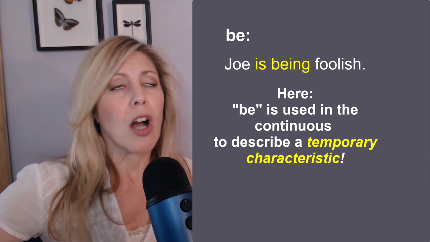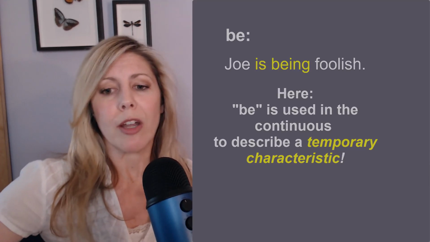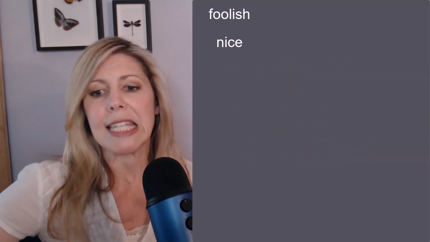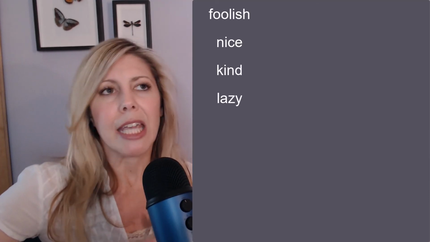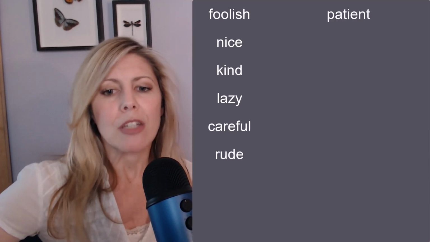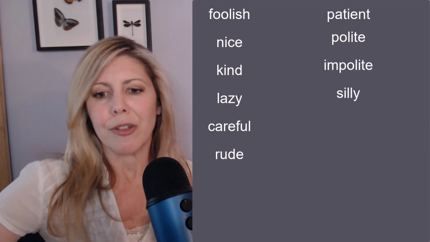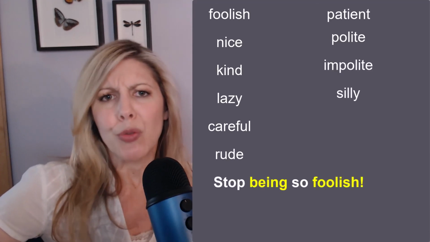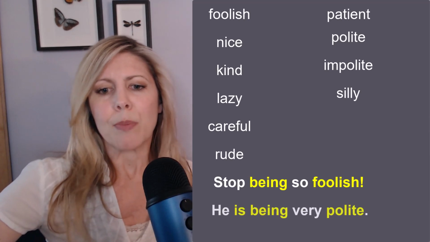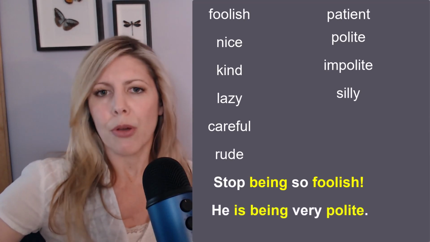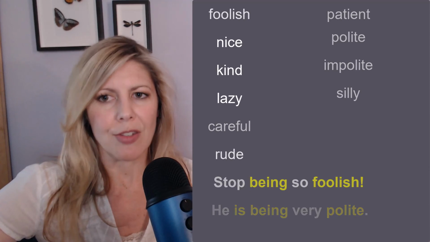Some of the most common ones that are used this way are foolish, nice, kind, lazy, careful, rude, patient, polite, impolite, silly. You could say, stop being so foolish, or he is being very polite. So those are acceptable in those cases.